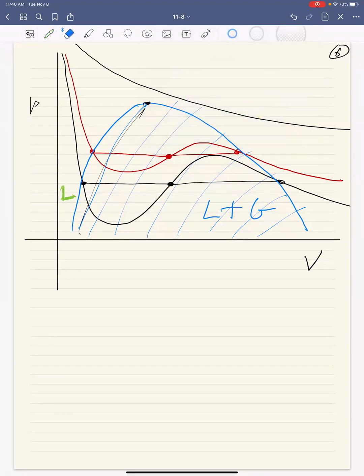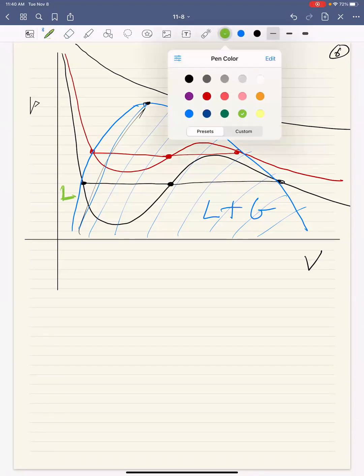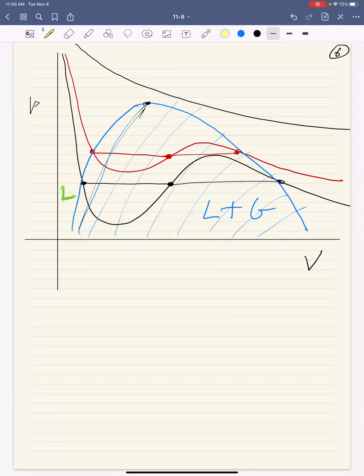Everything to the right is gas. Beyond this point, liquid and gas are kind of indistinguishable. They have the same density, there is no surface tension, they're just changing rapidly. And this is PC, VC, TC. Good. Any more questions?